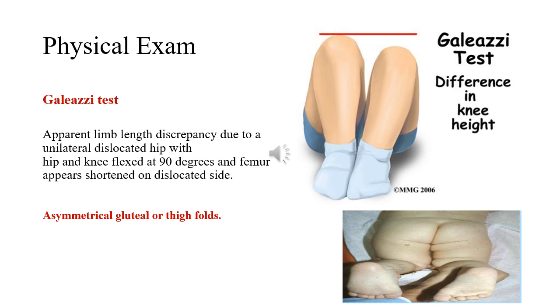In the bottom picture, you can see that this patient has asymmetrical thigh or gluteal skin creases or skin folds, which may be a sign of leg length discrepancy or DDH, but this is not a very sensitive sign.